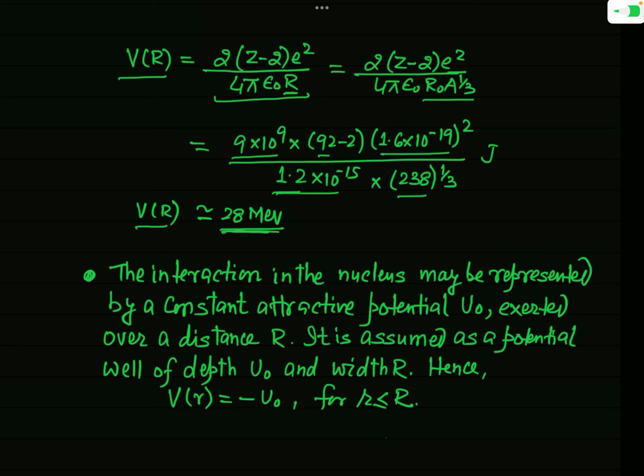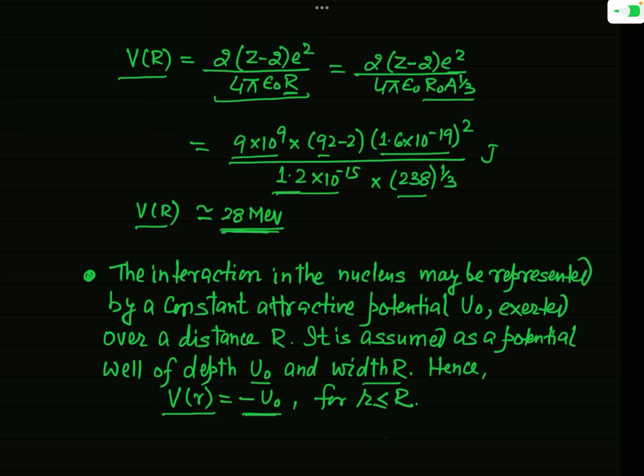We assume here that the nucleus is just like a potential well of depth u0 and width R. So inside the nucleus we assume that the potential V of r is equal to minus u0.